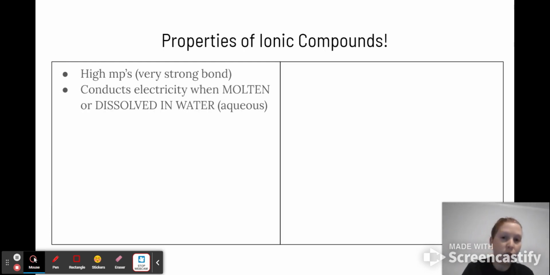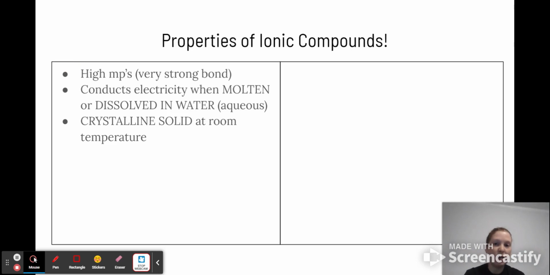These conduct electricity, but only when they're molten, which means melted, or dissolved in water. So anytime we say something is dissolved in water, it's described as aqueous. So that's the definition. So you can't plug up an electrode to a pile of salt and have it conduct electricity, but you dissolve that in water and then put the electrons in, and it will conduct electricity.